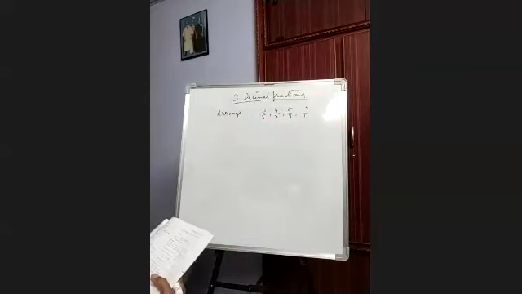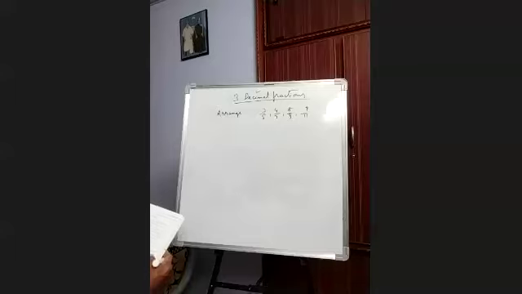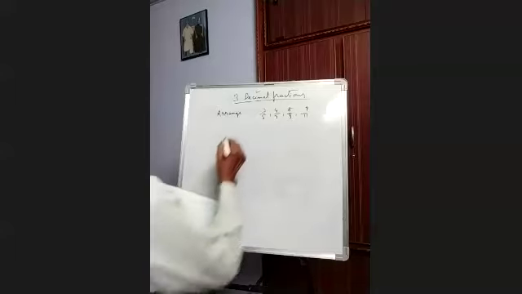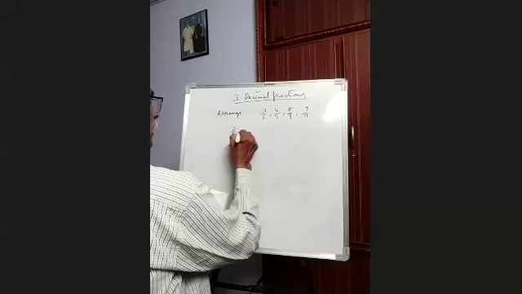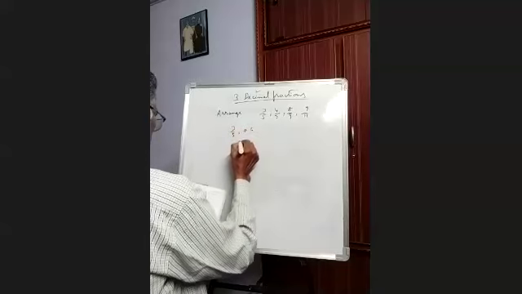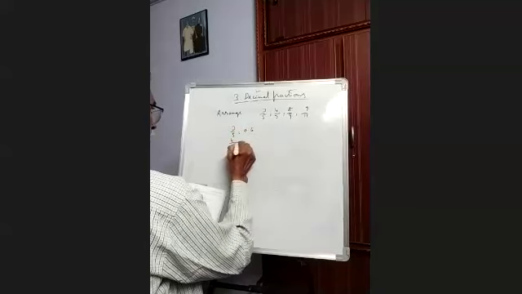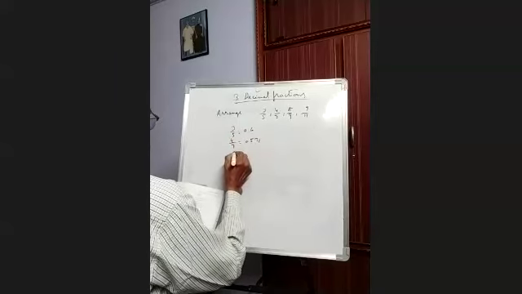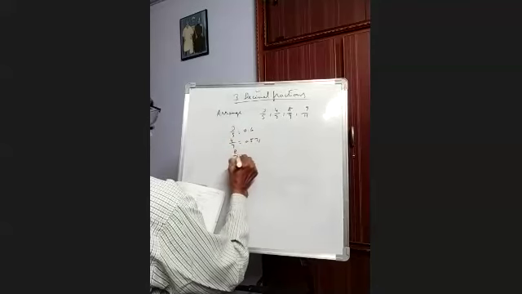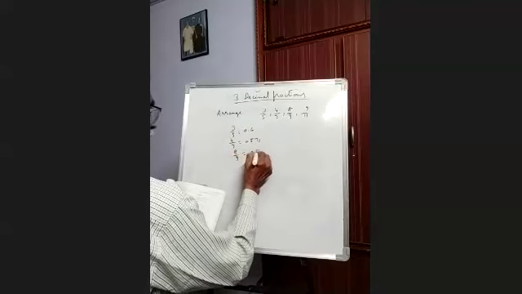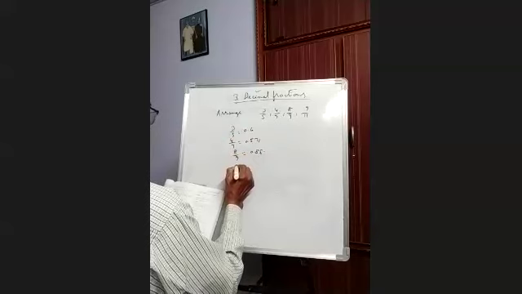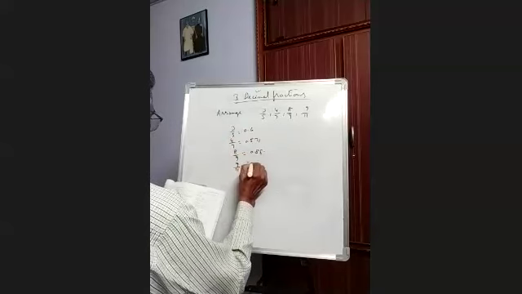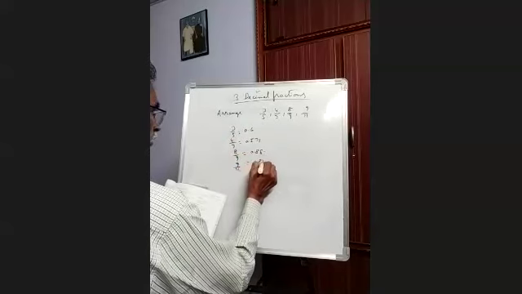Taking LCMs is another method, but here we are in the decimal fractions chapter. We convert them into decimal fractions. 3 by 5 will be 0.6, 4 by 7 will be 0.571, 8 by 9 will be 0.88, 9 by 11 will be 0.818.